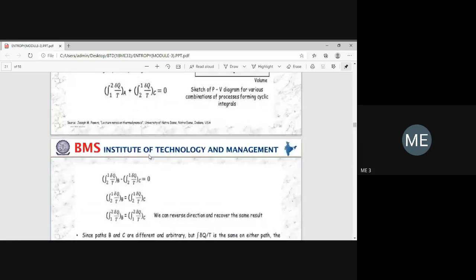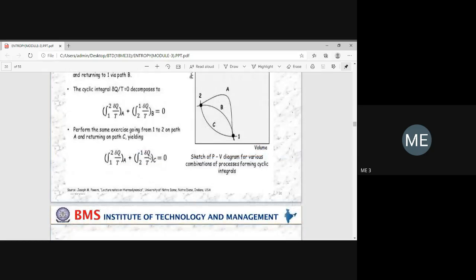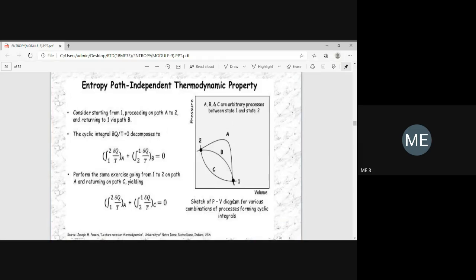Like that, we have one more concept called internal energy. In the first law of thermodynamics, they used to ask, prove that internal energy is a property of the system. Like that, in entropy also, we have a concept that entropy is independent of the path followed, but it depends upon the state points.